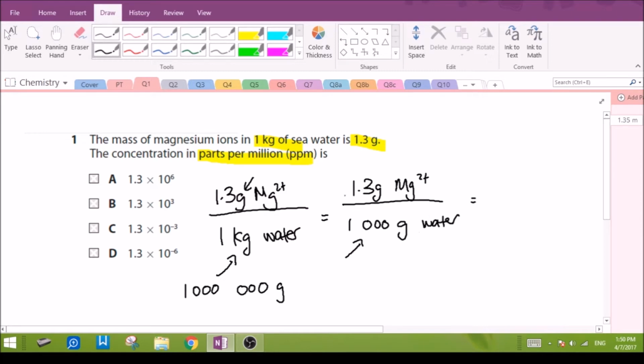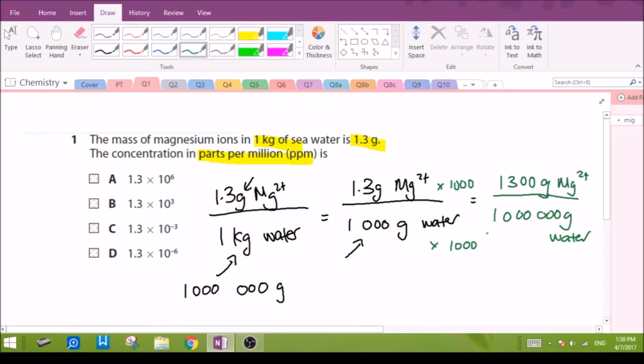And remember, we are trying to make the bottom 1 million grams. So how do we do that? We will multiply the bottom by 1000, because 1000 multiplied by 1000 we get 1 million. But if we do that to the denominator, we have to do the same to the numerator. So we end up with 1 million grams of water at the bottom, and the top we have 1.3 multiplied by 1000 grams of magnesium.